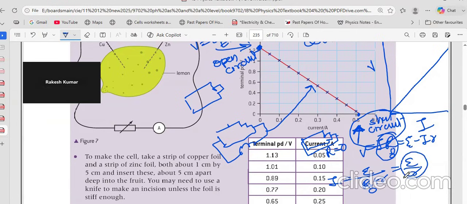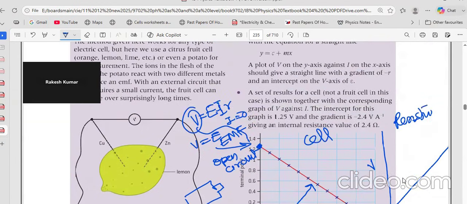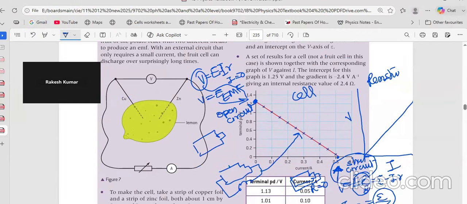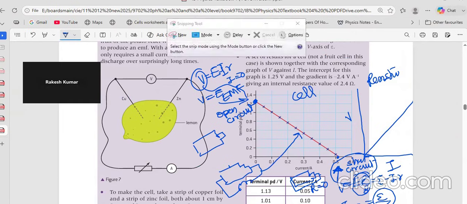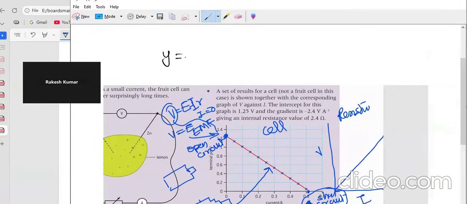Now, what are we doing here? What is this equation like? So let us relate it to maths. This is like y is equal to minus mx plus c.